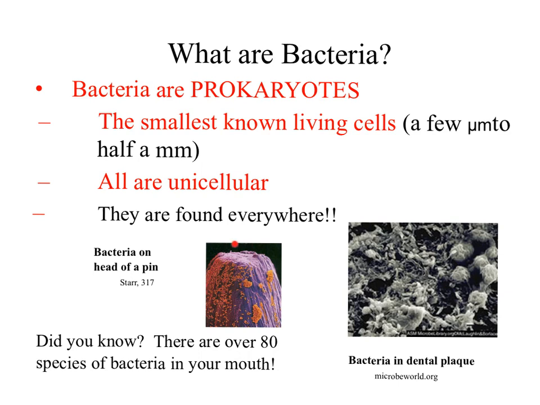I have a few images here. This is the head of a pin. And all these little orange things, those are bacteria. And this is your teeth, and so this is bacteria on plaque on your teeth. There are over 80 species of bacteria in your mouth alone.